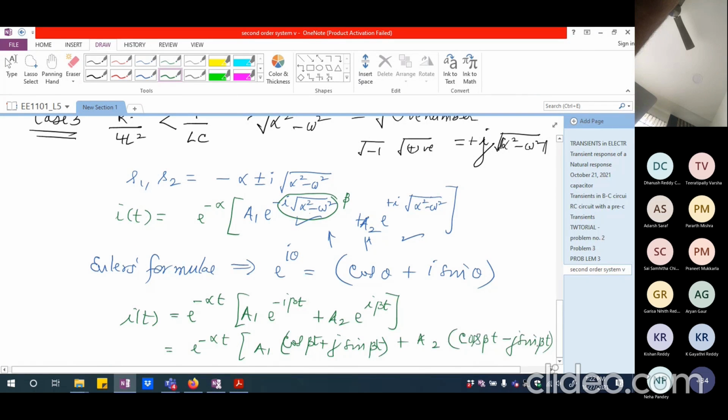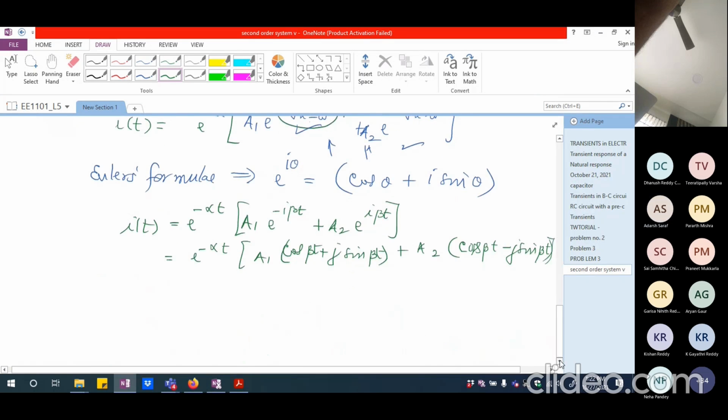So these are going to be the two portions, and I should be able to write this as e power minus alpha t multiplied by a1 plus a2, which I can call as another constant, maybe a dash, whatever, multiplied by cos beta t, plus a1 minus a2 times j sine beta t.